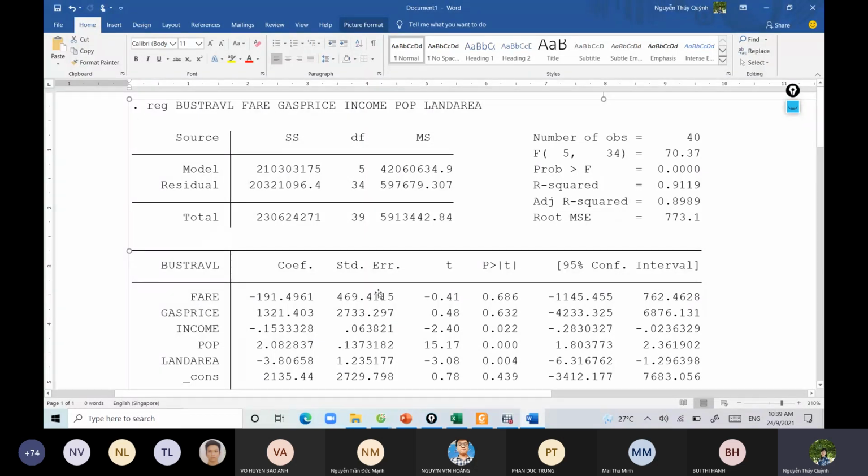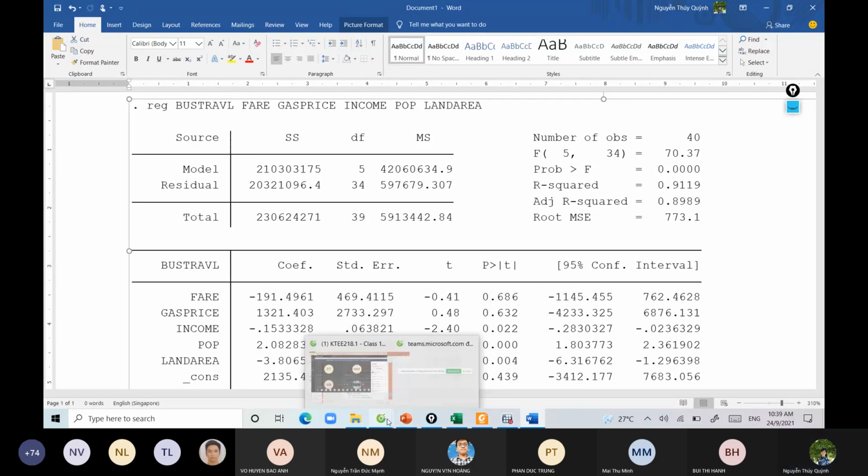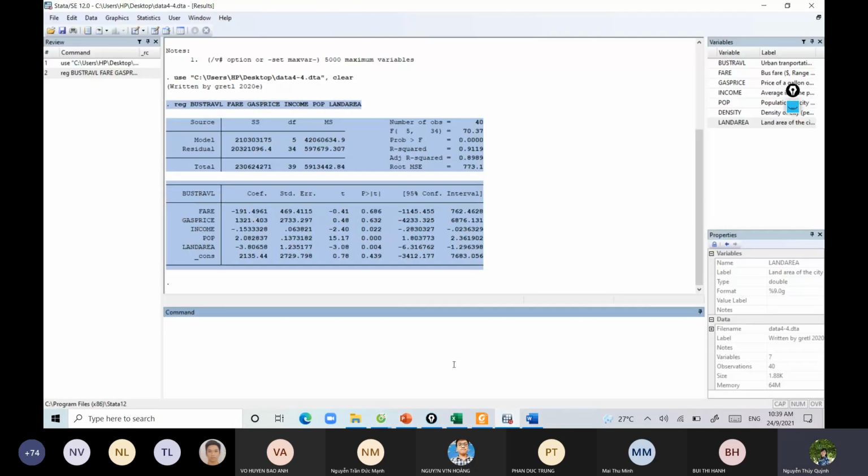I will do that for you first. This one is our unrestricted model. We still have fare and gas price in the model.